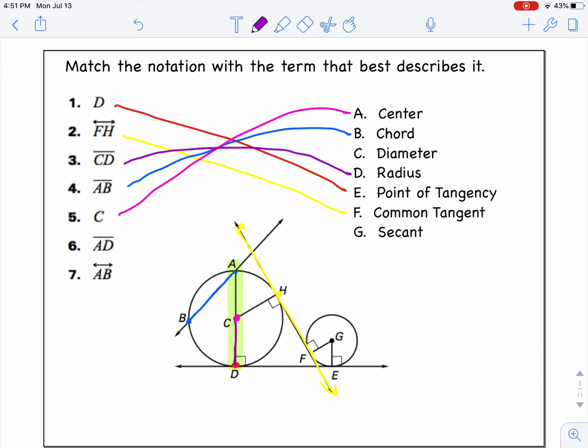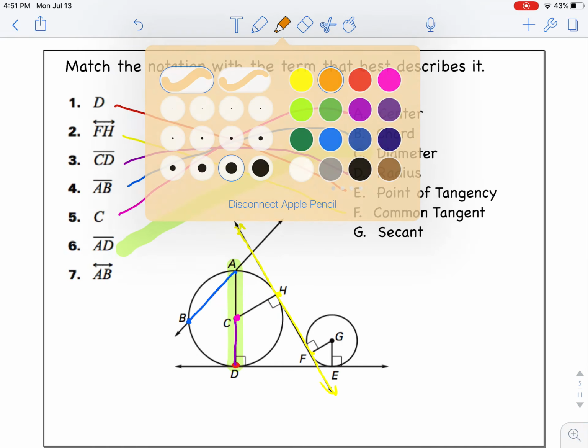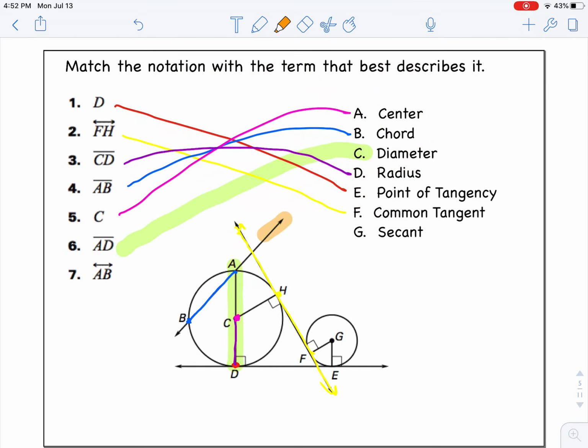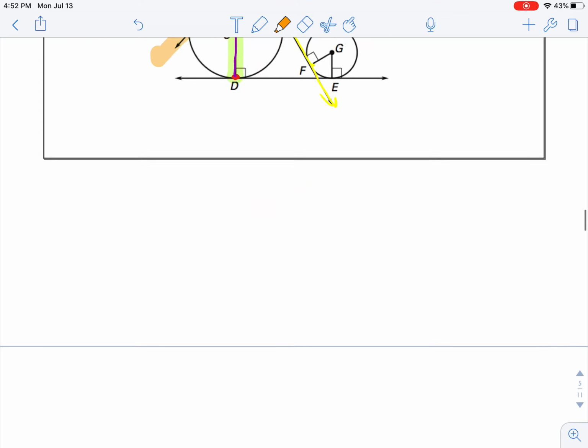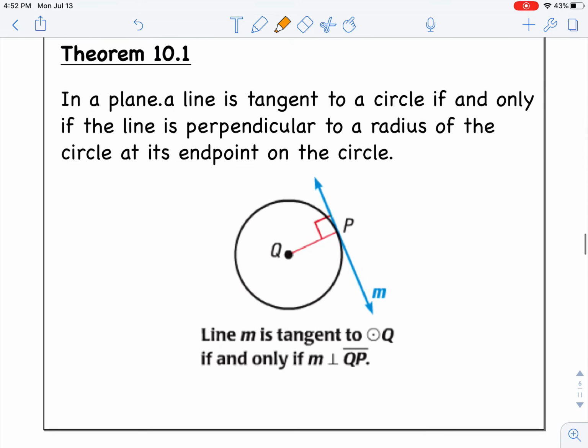I said radius, but I didn't actually put it there carefully enough. So now we can go ahead and put DH as our diameter right here. Okay, and last but not least, we have AB, the line. So this is the whole line AB that continues, and that is a secant line right there.